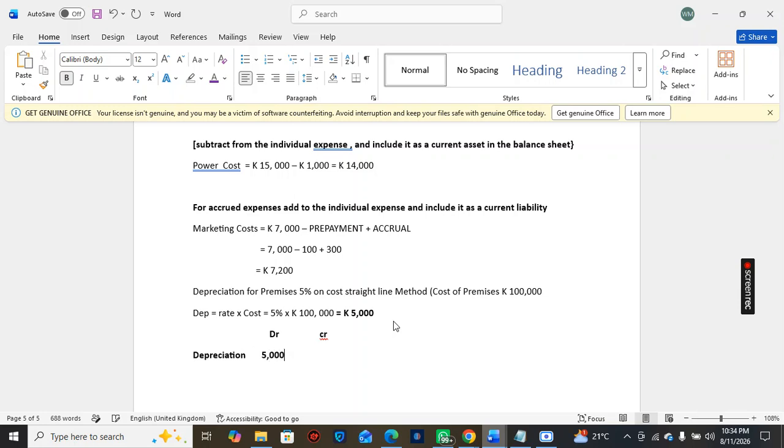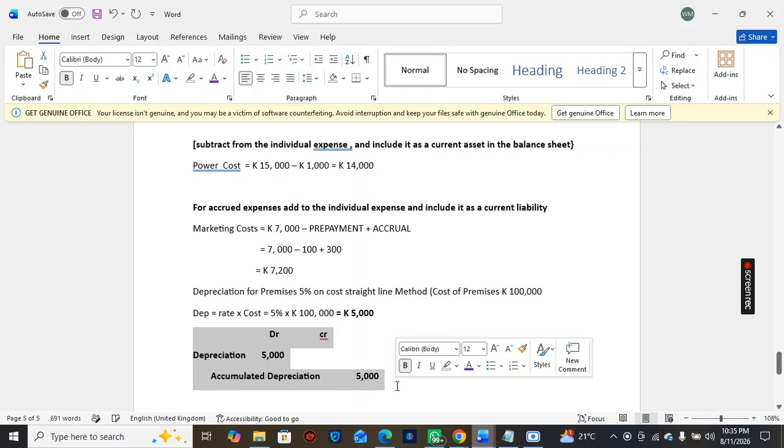Then every transaction affects, on average, two accounts. So the account that will be credited is accumulated depreciation or provision for depreciation. Okay, this is a contra asset account, meaning it lowers the value of an asset.